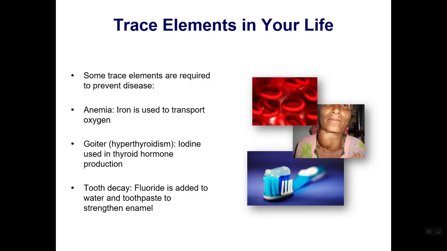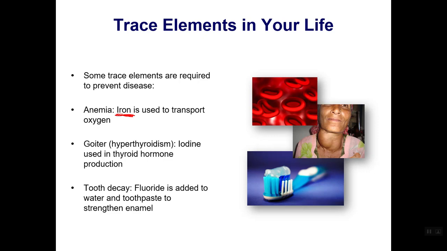However, some things you should know are that even though those trace elements are found in very small quantities in your body, that doesn't mean that they're not important. And if you don't have them at all, that can be deadly. So, for example, iron was an example of a trace element that is found in our bodies.